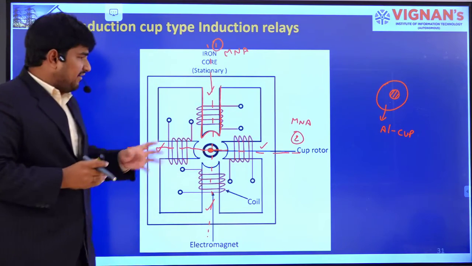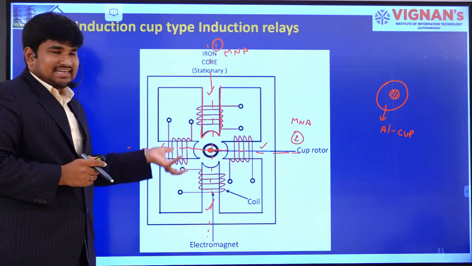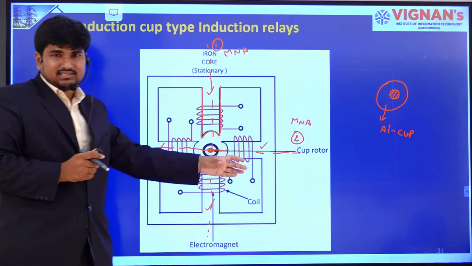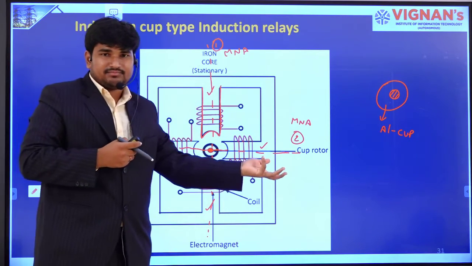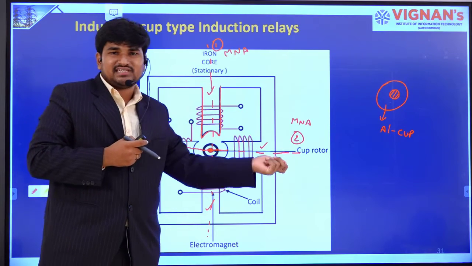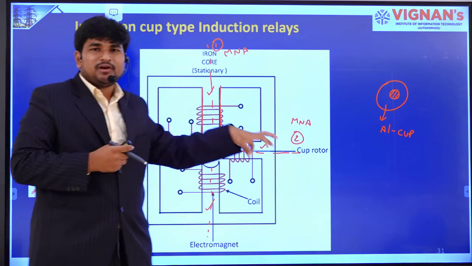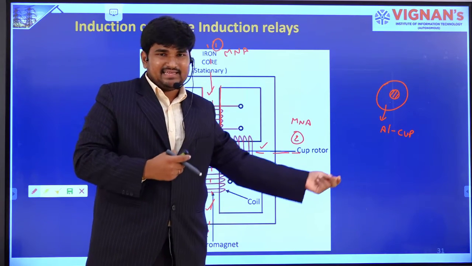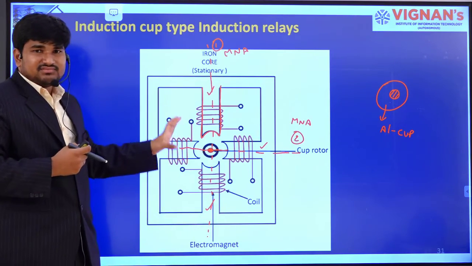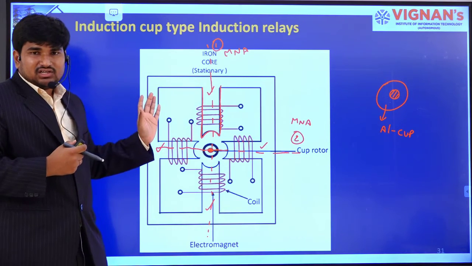Because of having 90 degrees displacement between these two MNAs, that means in case of a polyphase induction motor, what is the principle of creating a rotating magnetic field?